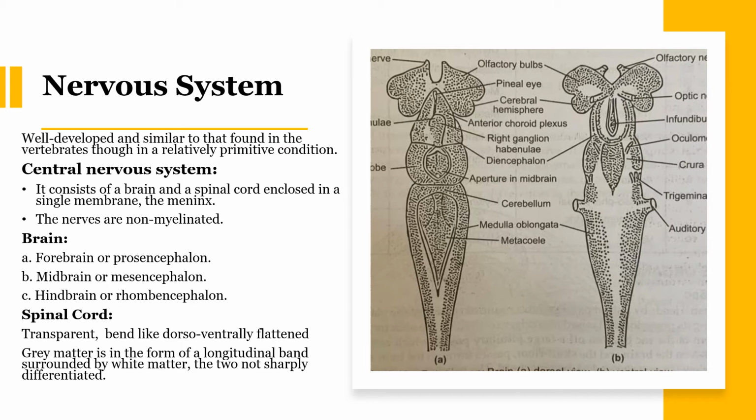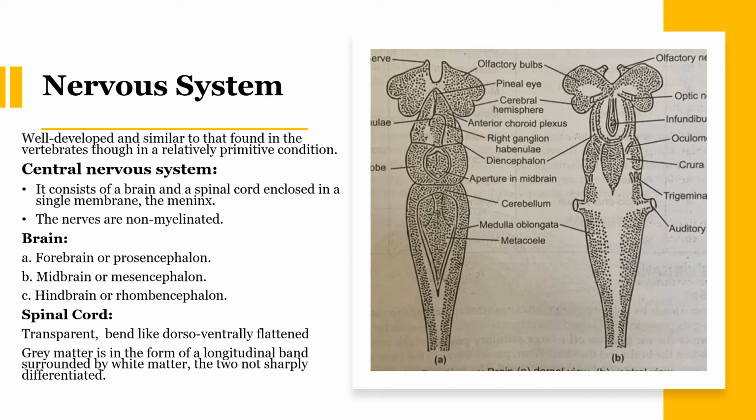The cavity present in the medulla oblongata is the fourth ventricle or rhombocoele, which is continuous with the cavity of the spinal cord. The spinal cord is a transparent band-like structure which is dorsoventrally flattened. It is composed of gray matter, in the form of a longitudinal band surrounded by white matter. The two are not sharply differentiated.